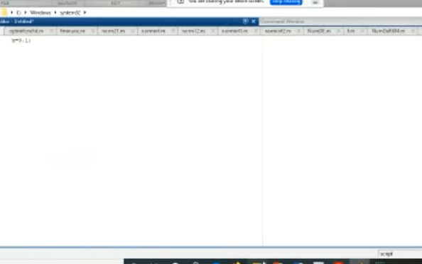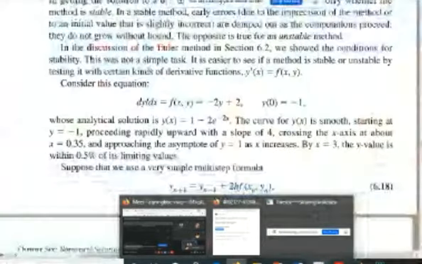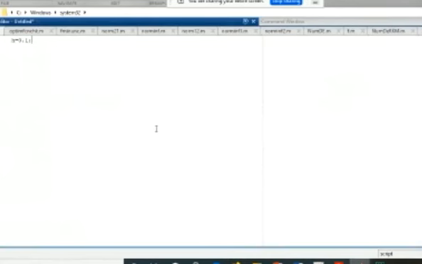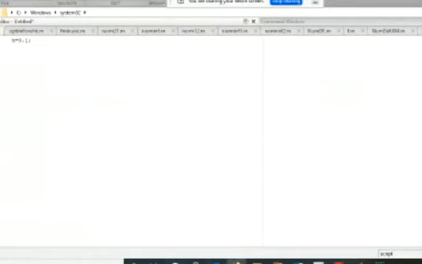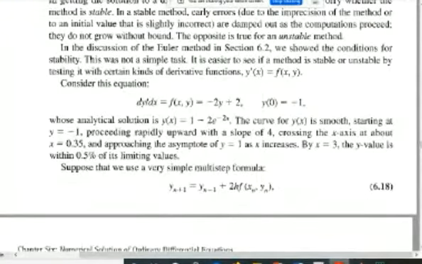We can then define the value of y, a variable to take the value of y at different points, you know, y index n plus 1.